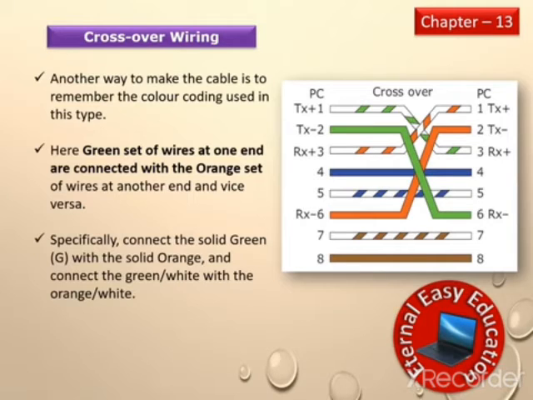So the green set of wires at one end are connected with the orange set of wires at the other end and vice versa. So you may have any one of the points to remember to explain the crossover wiring. Specifically connect the solid green with the solid orange and connect the green white with the orange white.